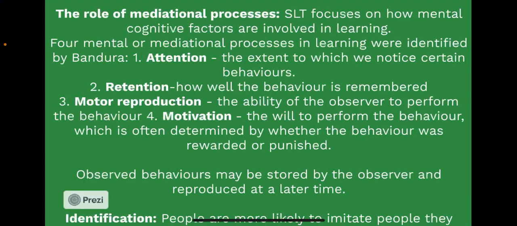Another key bit here, observed behaviours may be stored by the observer and reproduced at a later time. So make sure you're aware of all of those mediational processes. In the worksheet, there's some example questions where you have an item and you have to link the item to the different parts of these mediational processes.